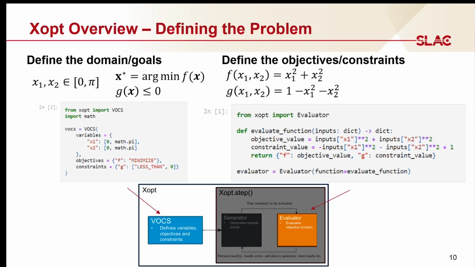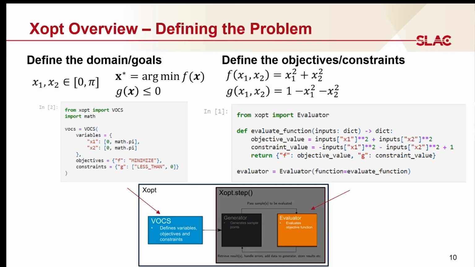The important thing here is that the inputs and outputs of that dictionary have keys that correspond to the naming convention of our variables, objectives, and constraints. This is a very basic example where we're trying to minimize a function f subject to a constraint g over the variables x1 and x2.